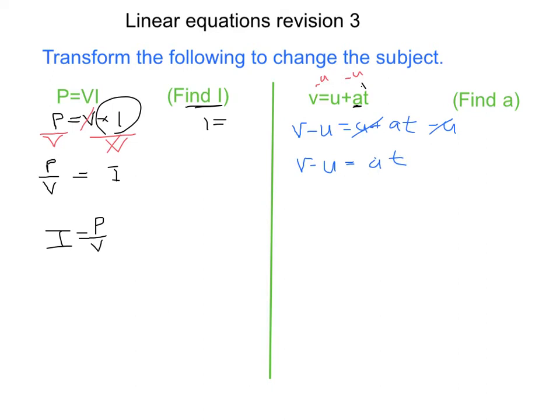The next thing we need to do to get A on its own is to move the T. So it's A times T. The opposite of times is divide, so we're going to divide both sides by T. That's going to cancel that down. That will now leave us with A is equal to V minus U over T. That's the answer there. Let's move on to the next example.